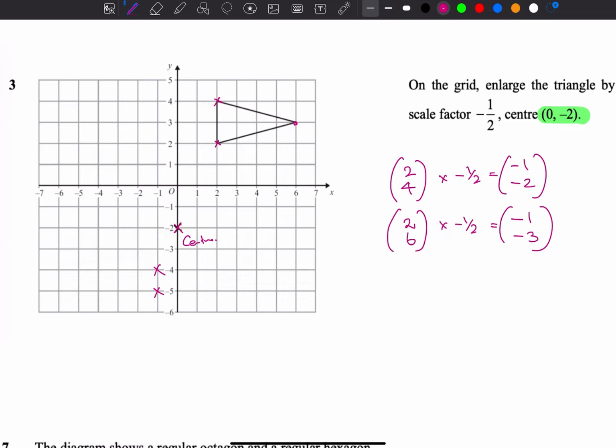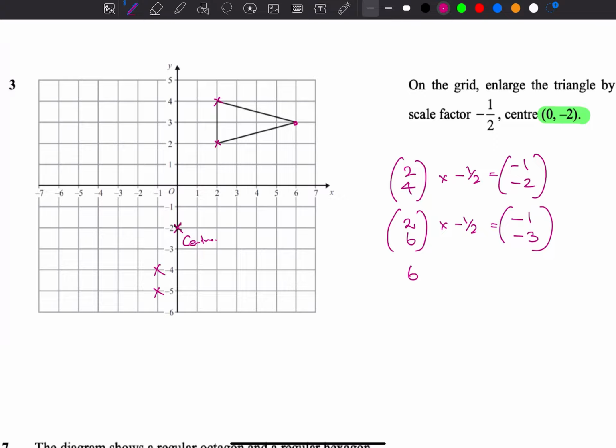Last point would be that one. How many? 1, 2, 3, 4, 5, 6 right, and 1, 2, 3, 4, 5 up. So you go 6 right and 5 up.